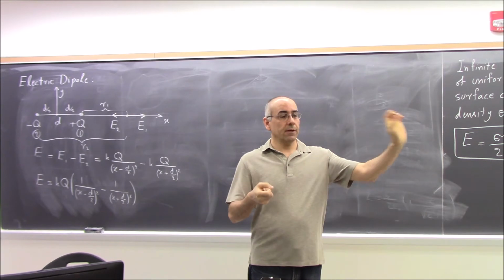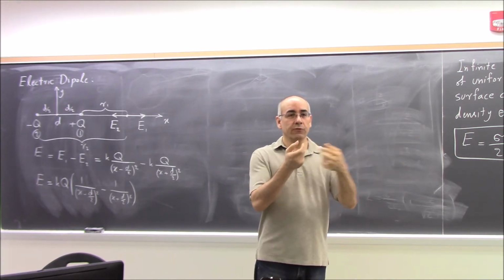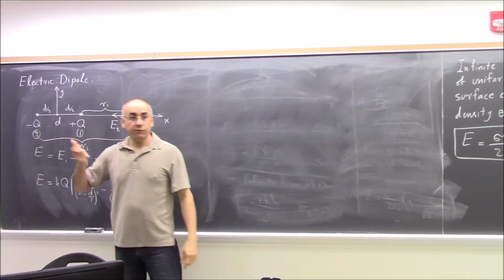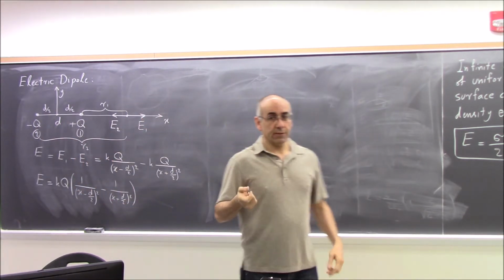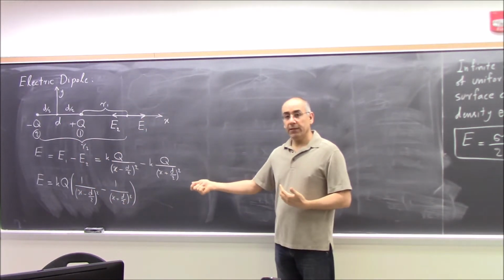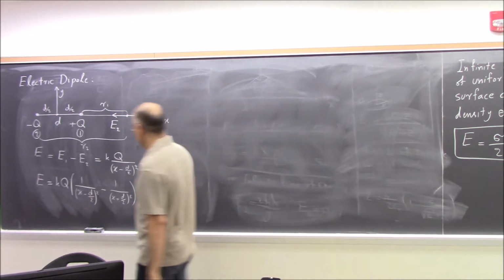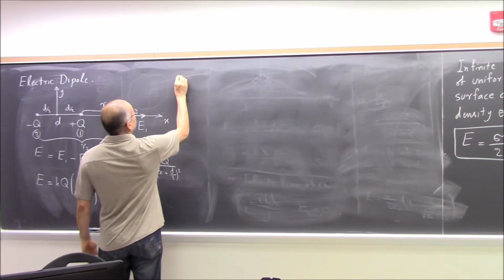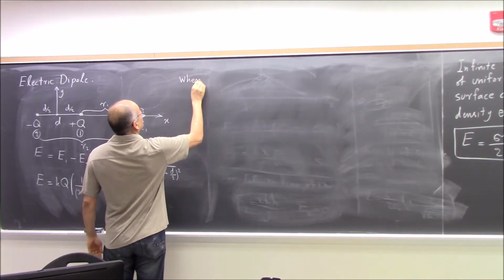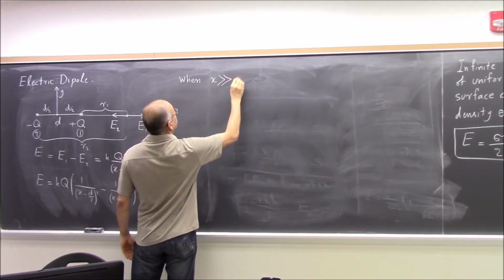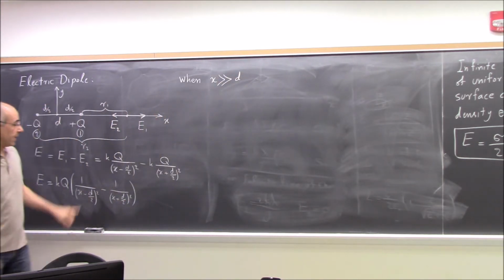And then you're considering some distance away. Usually that distance is much larger than the separation of the positive and negative charges. You want to see what is the limiting case when you go far away from the dipole. So when x is much larger than d, we want to do some approximation here.